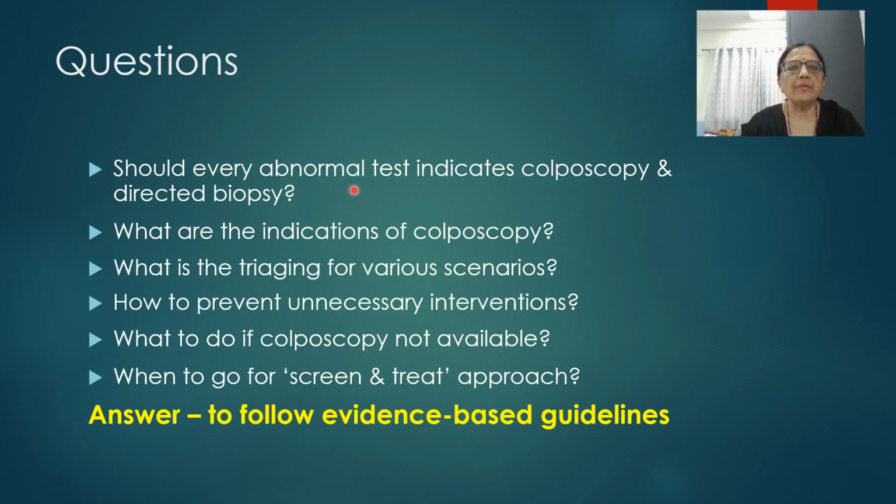Should every abnormal test indicate colposcopy and directed biopsy? What are the indications of colposcopy? What is the triaging for various scenarios? How to prevent unnecessary interventions? That is the main concern for us. What to do if colposcopy is not available, and when to go for screen and treat approach. These are the questions which we will try to answer as we proceed with today's class.